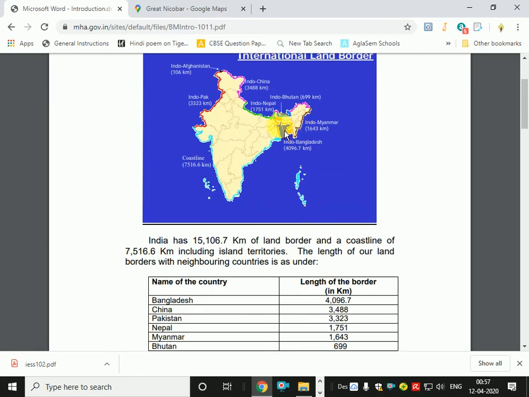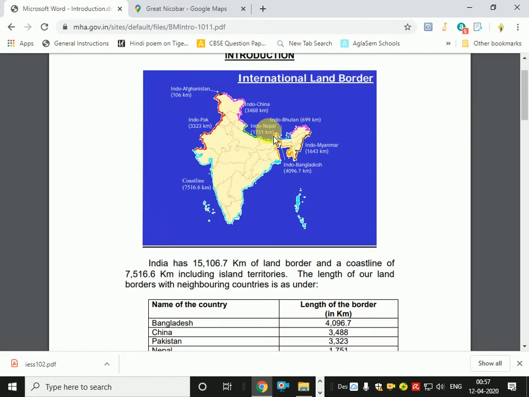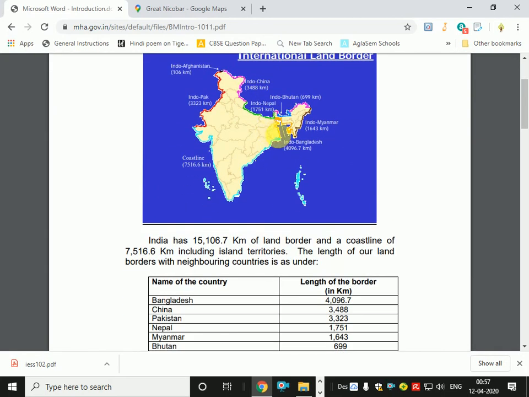If you see, Bangladesh is covered by India on three sides and by the Bay of Bengal on one side. So it seems to be correct. Most of our states, so West Bengal, Meghalaya, Tripura, Mizoram, Assam, are the states which share international boundaries with Bangladesh.